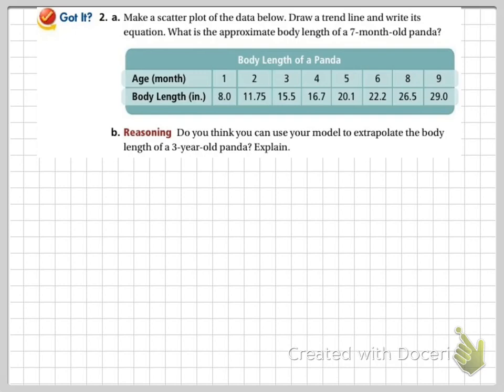Okay, so we are going to make a scatter plot of this data, and then we're going to draw in our trend line and write its equation. So first I'm going to graph this. Remember, x is the top row, y is our bottom row. So I need to go from 1 to 9. 1, 2, 3, 4.